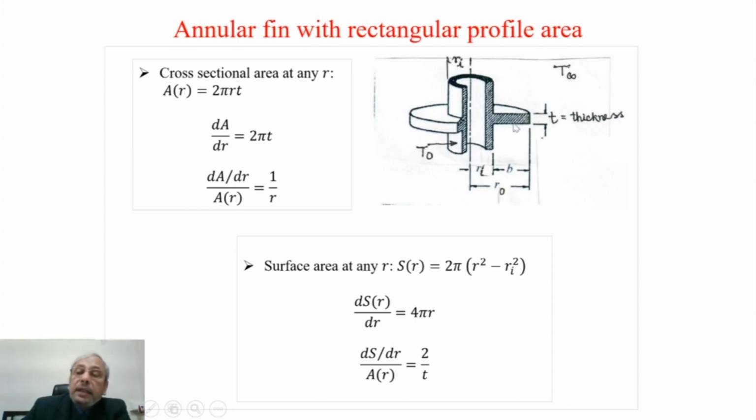and the thickness of the fin is t. T infinity is the temperature of the local ambience.